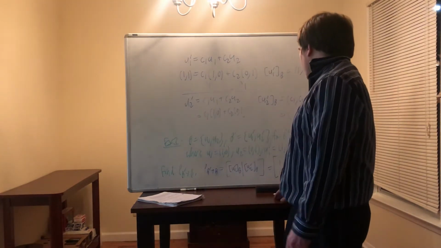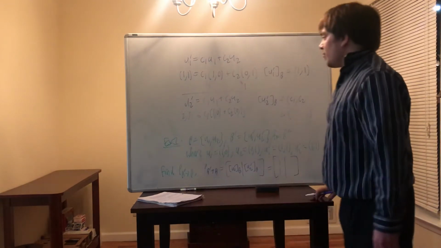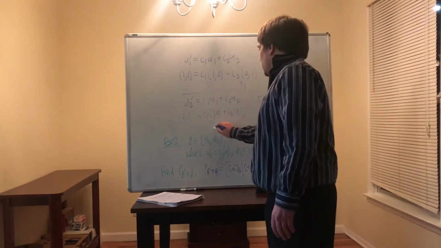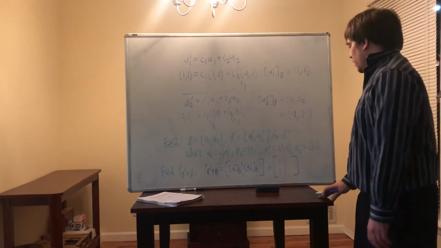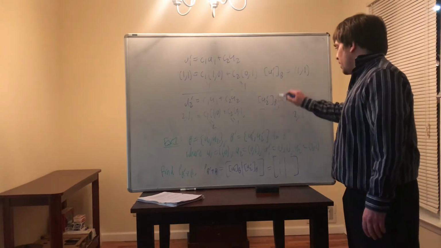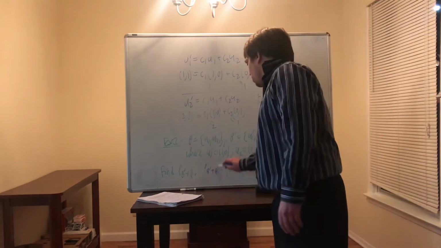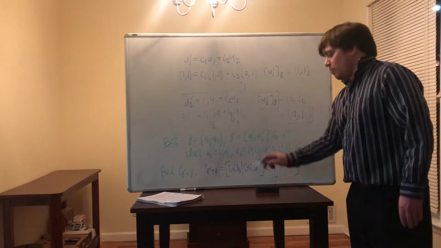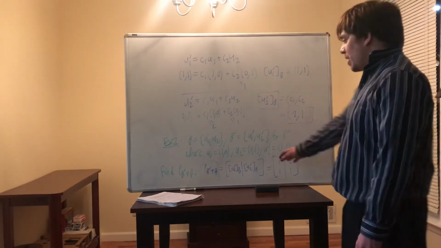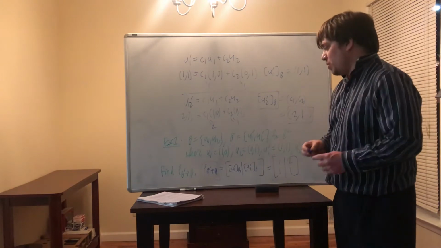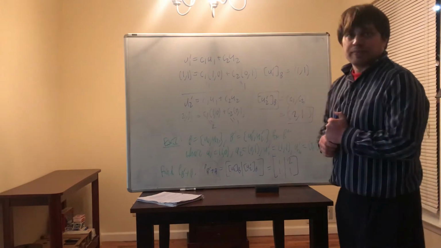But U2 prime is (2, 1). And so C1 here is 2 and C2 here is 1. And so the coordinates of U2 prime relative to B is (2, 1), and that's the second column. So the transition matrix from B prime to B is this matrix there. So in example 1, we find the transition matrix from the old basis B prime to the new basis B using this method.